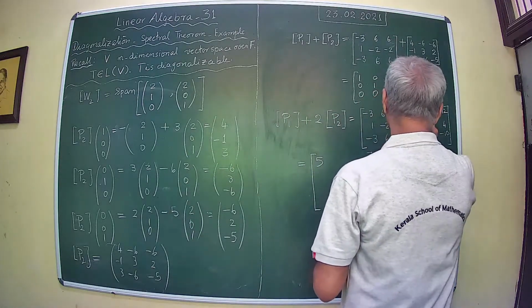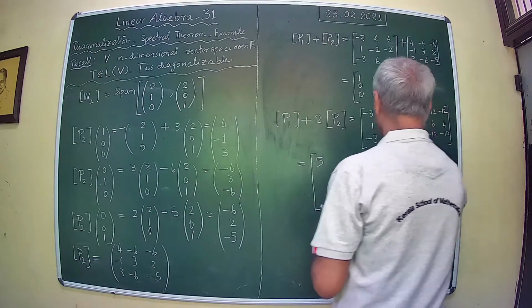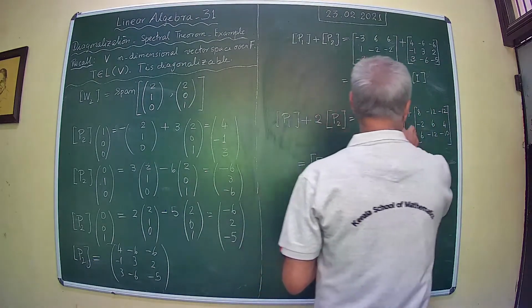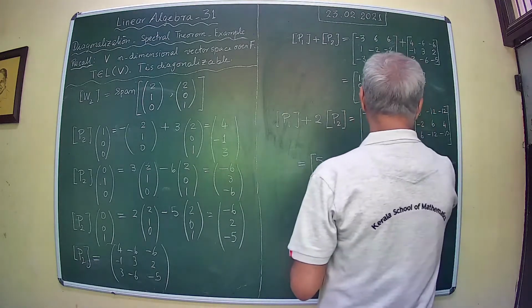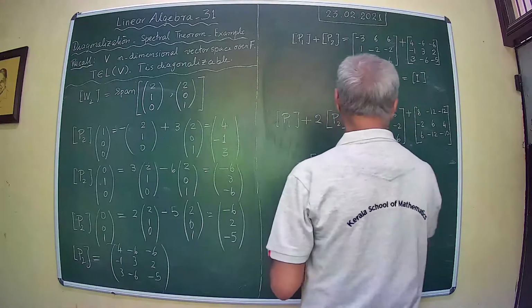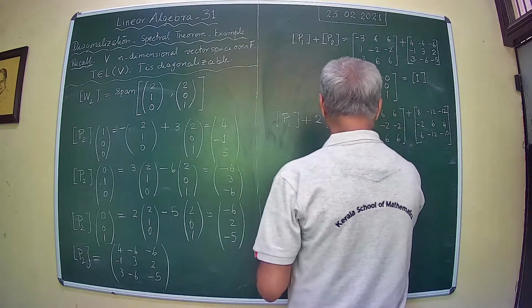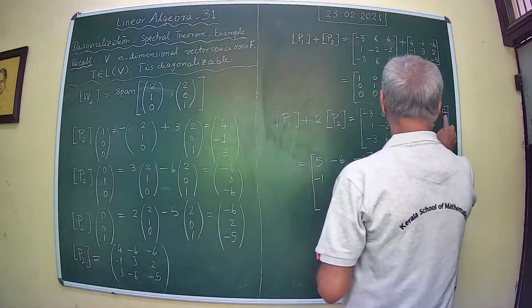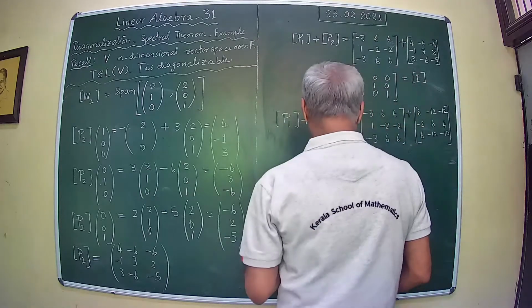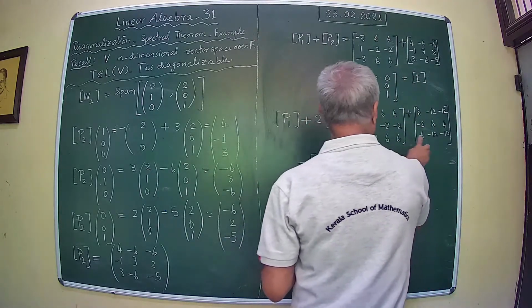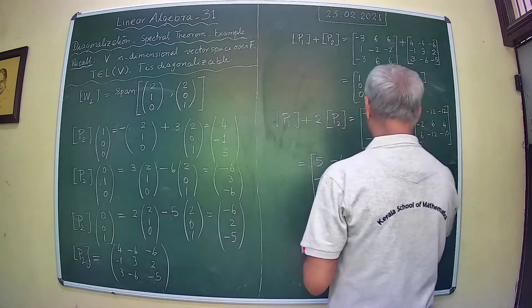Minus 3 plus 8 is 5, minus 6, minus 6, minus 1, 4, 2, minus 3, so you get 3 here, minus 6.